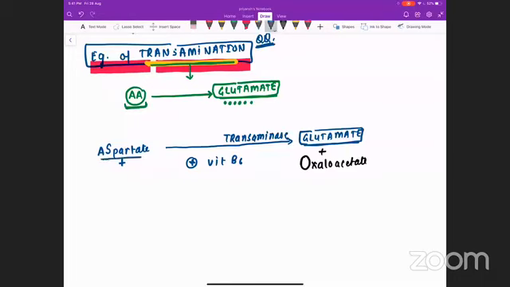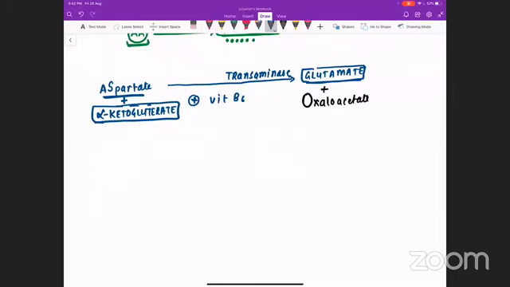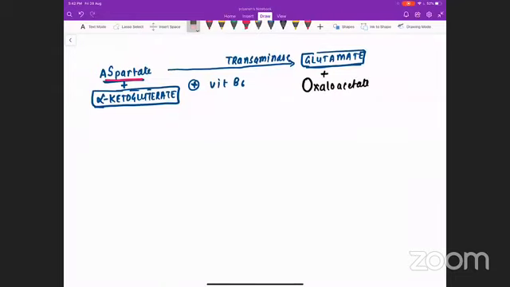One amino acid will be there, and alpha ketoglutarate is going to be there in every transamination reaction. So this is how aspartate will convert into glutamate, and the byproduct is going to be oxaloacetate. There are two things which I have highlighted in the box with the blue color, that these two molecules are going to be there in every transamination reaction.